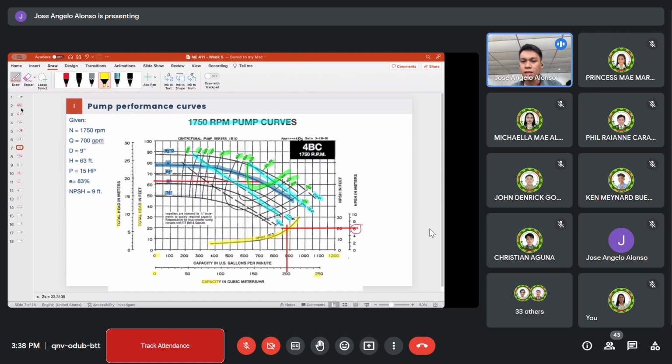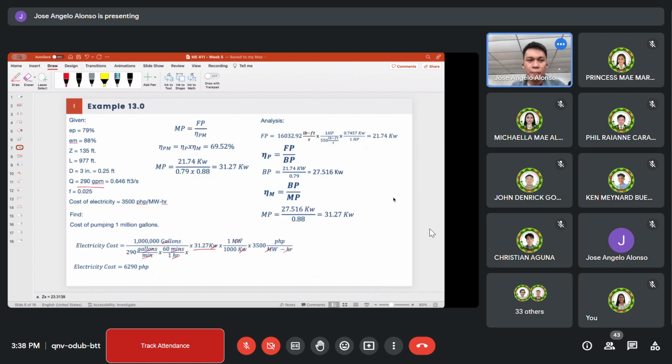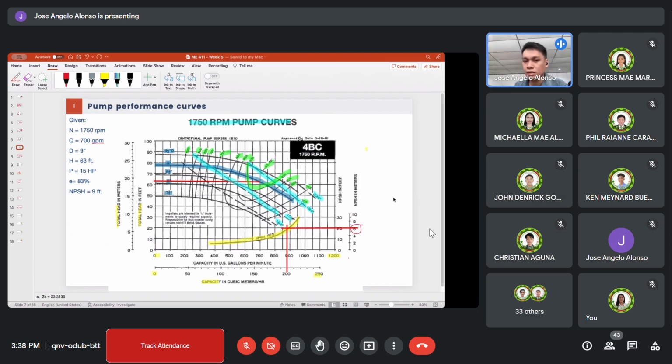Unless nagbigay ako sa inyo dito ng hard copy. Kasi hindi eh. Pero, ayun. So, it won't be part of the midterms. Pero please understand or please remember the pump curve, pump performance curve. Kasi nga, it's an easiest way para ma-determine yung performance ng ating pump. And mas makagamit nyo naman to kapag siguro mag-design tayo or mag-improve tayo ng isang system.